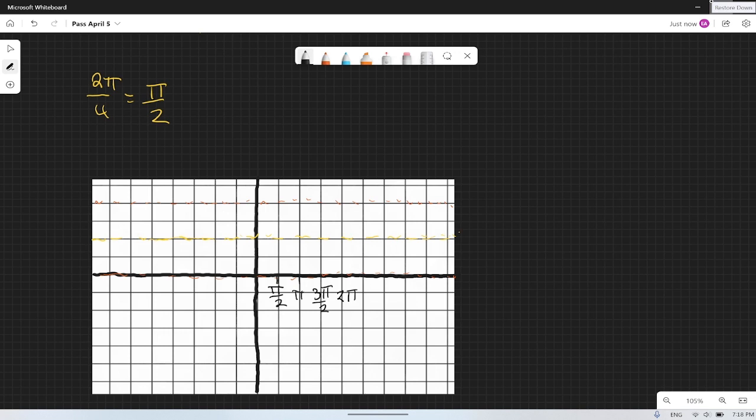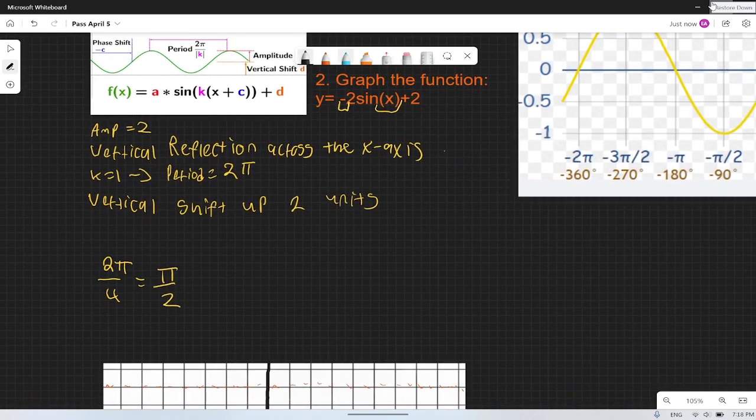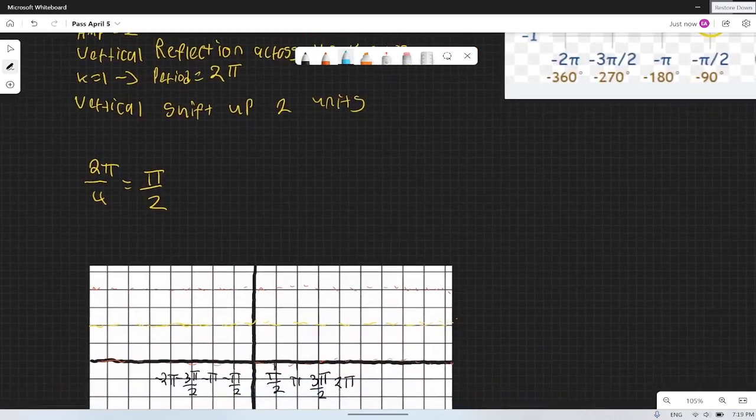And then let's do that the other way. Alright, and then we don't have any phase shift, so we can just start at the beginning.